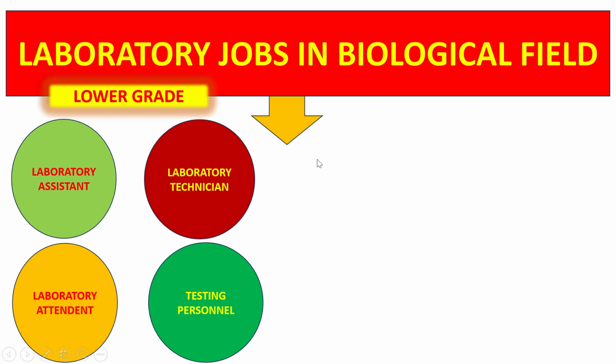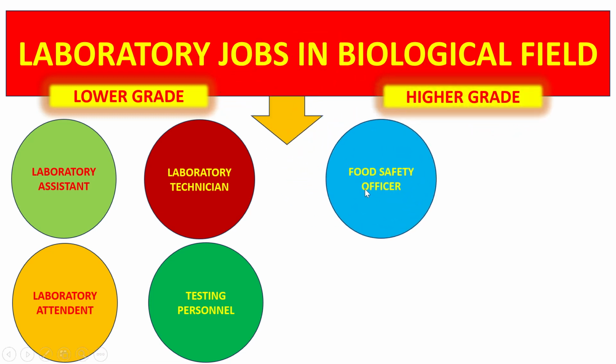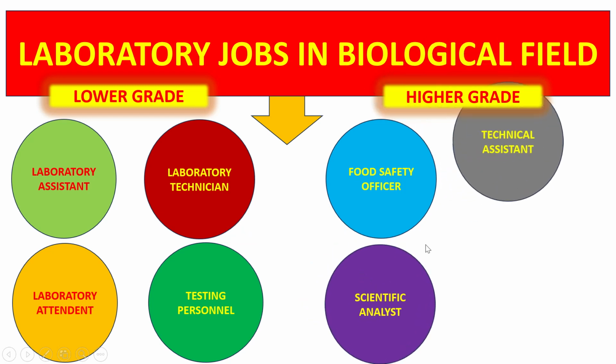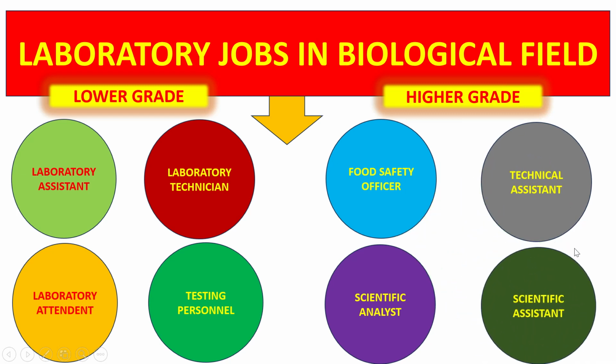For higher grade jobs, there are the food safety officer job, scientific analyst job, technical assistant job, or scientific assistant job. Many specific jobs are there for biological fields, also microbiologist, biochemist, or food technologist posts.